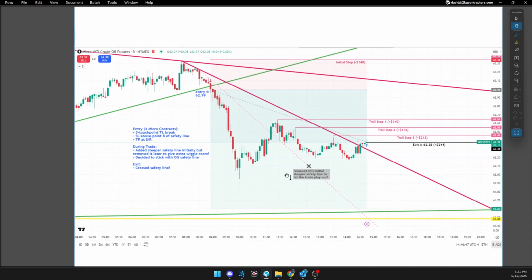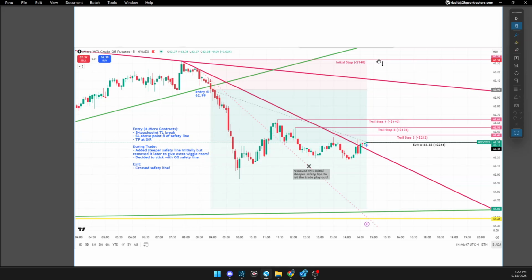Here's another one of his trades. He came in with a steeper dotted line. I will do this too with a steeper safety line. I'll dot it. It's preliminary. It's according to how far it's come down from the original line and how the sideways movement is moving. So he says remove this initial steeper safety line. Again, he has a general idea of what happened, and he's got his trail stop.